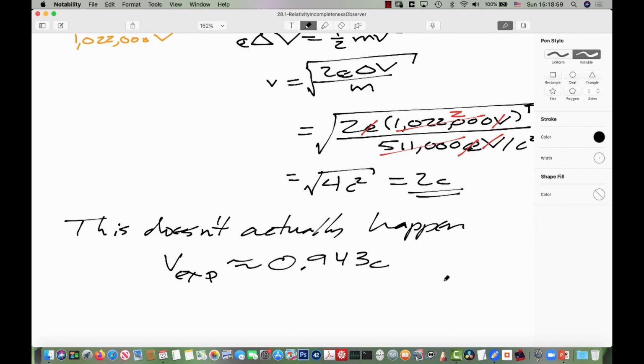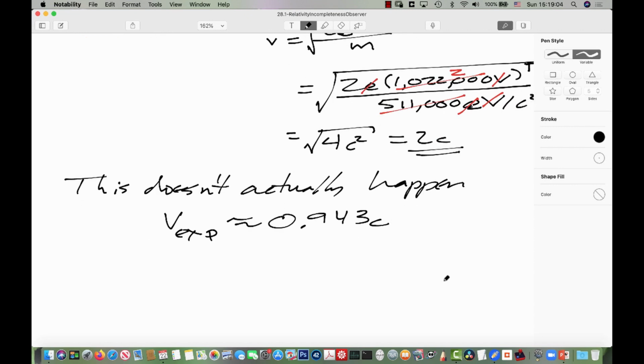Okay, so what does this mean? Well, one of the things it means is that Newtonian mechanics is incomplete.